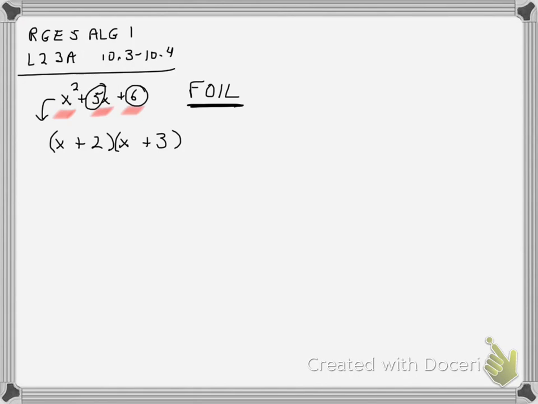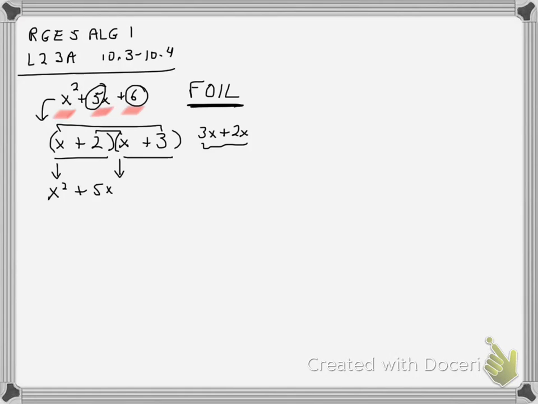Now if we FOILed this backwards, these two binomials, and we multiplied them together, we would use FOIL, meaning looking at the first term in each binomial, that would be x times x. Looking at the outer terms, that means the terms furthest away from each other, and the inner terms, the terms closest together, multiplying each of those and adding them, that would be 3x plus 2x, and that would give me my middle term.